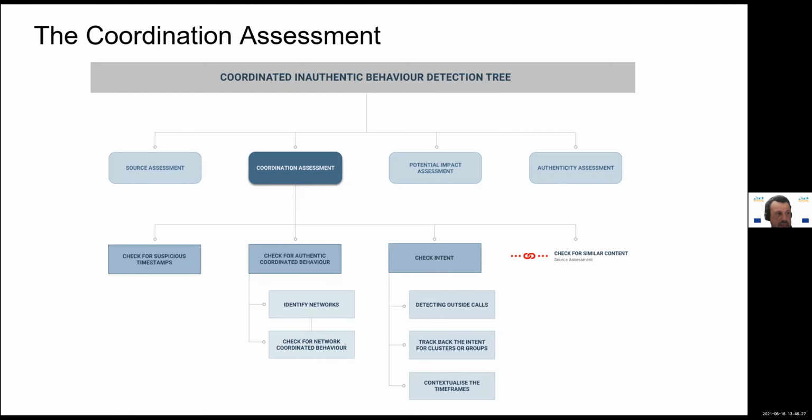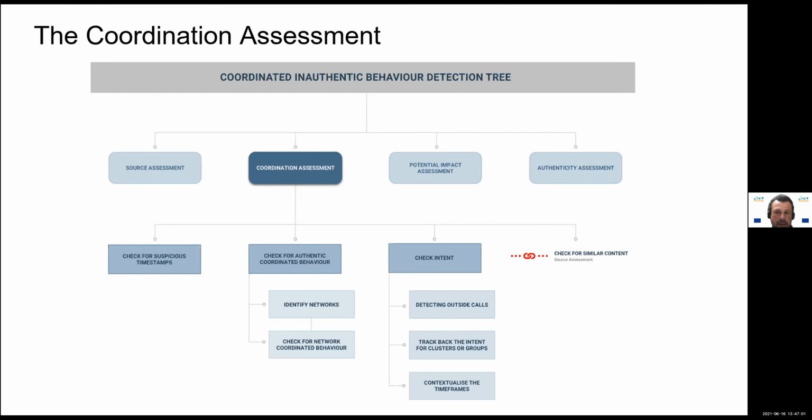Another crucial thing for coordination is to be able to distinguish between what is coordinated inauthentic behavior and what is coordinated authentic behavior. For that, you have to match together the identification of a network and the checking of the coordinated behavior. If you find the coordinated behavior, you have to assess the network. If you find the network, you have to find the coordination in it. It's also possible to detect intent.